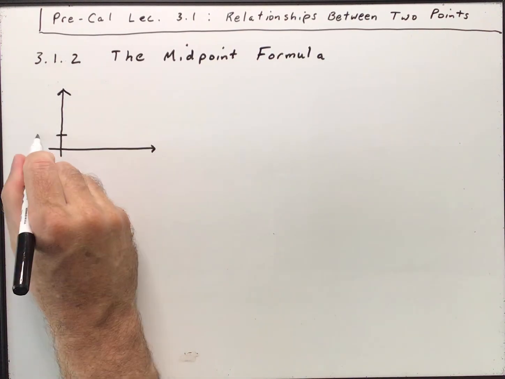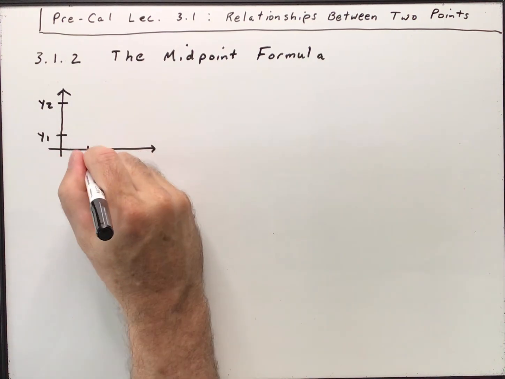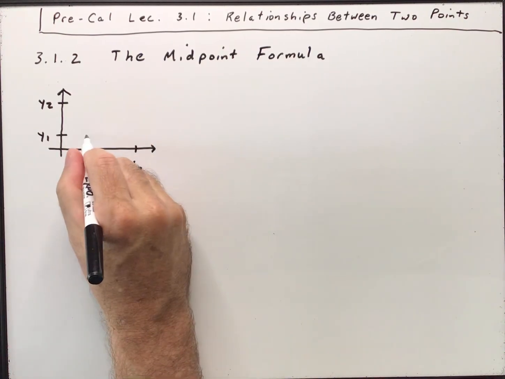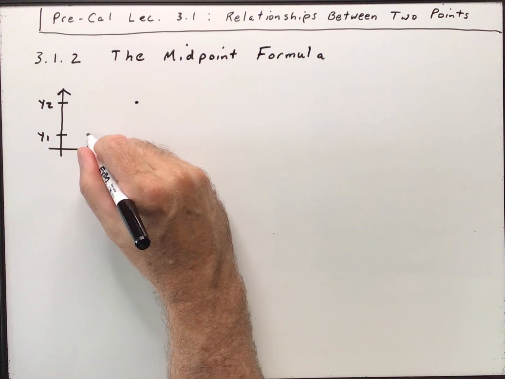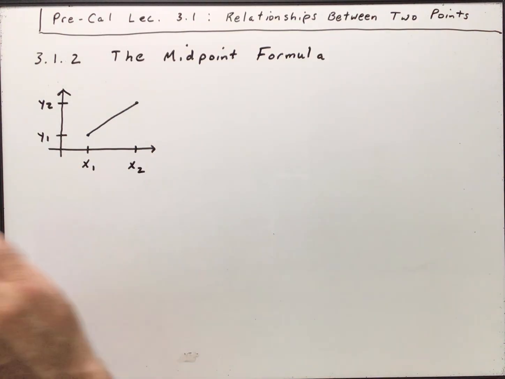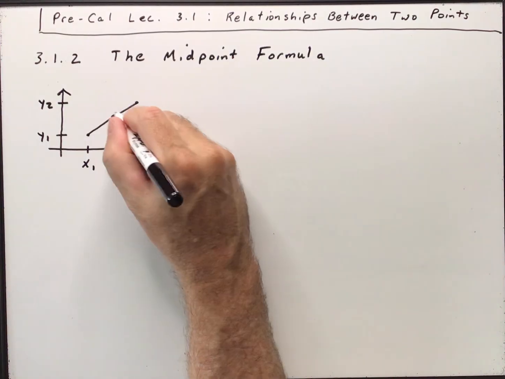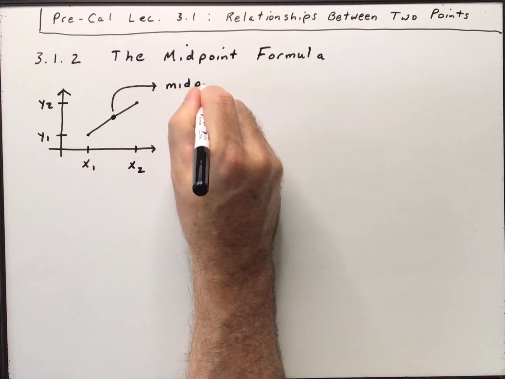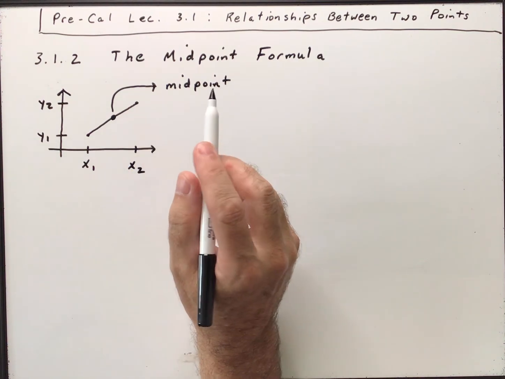We'll have 2 points again, y1 on the y-axis, y2, x1, x2. Go ahead and put a point there, connect with a line. And this time what we want to know is what are the coordinates of the midpoint of that section of line.